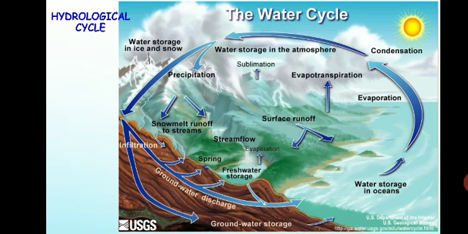So the water cycle has no starting point as such. But to understand, we will begin with the oceans, because that is where most of the water is available, right? Then the sun is the source which drives this water cycle.